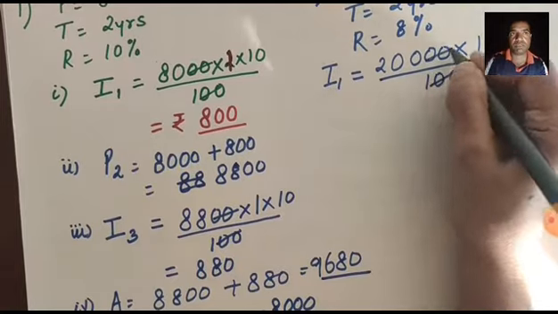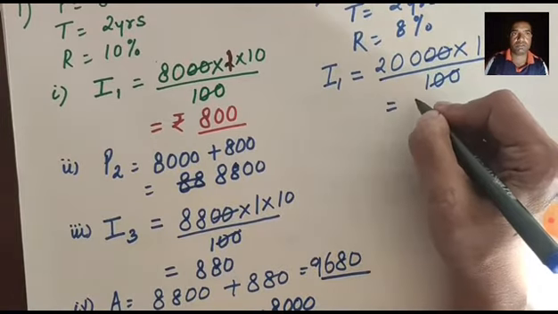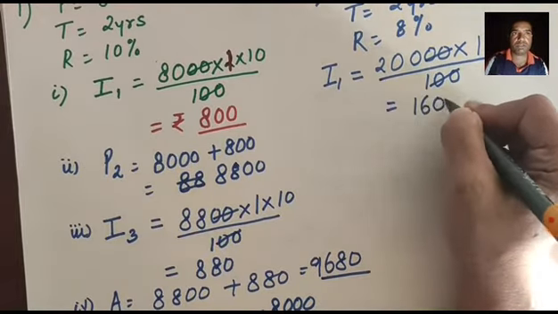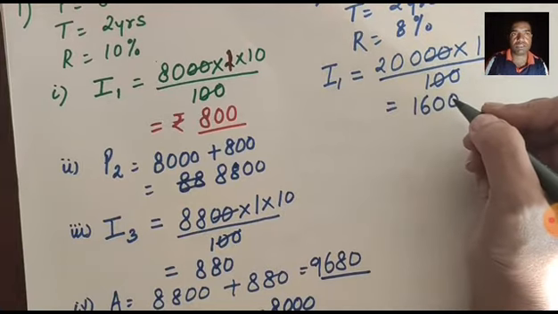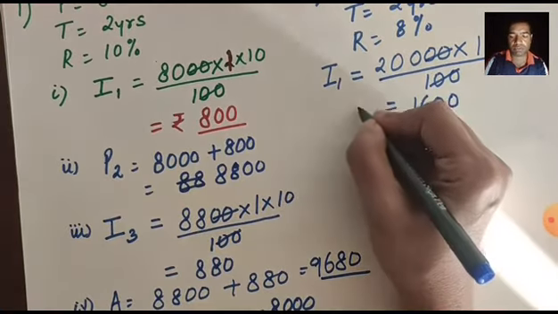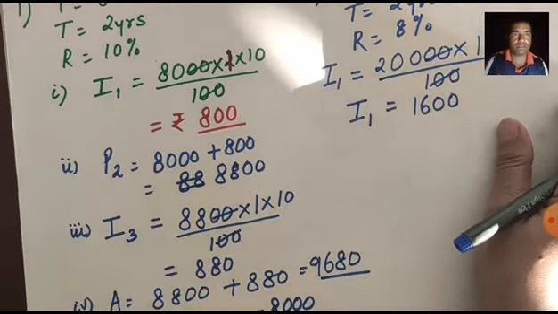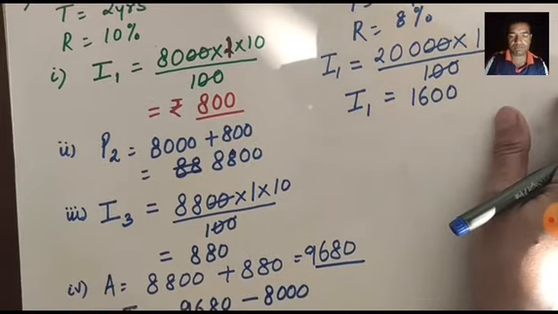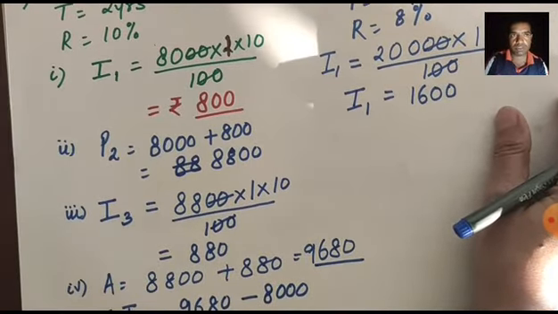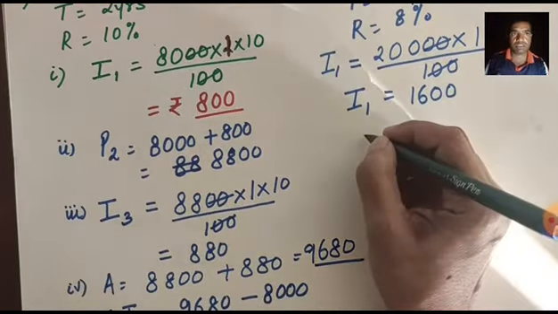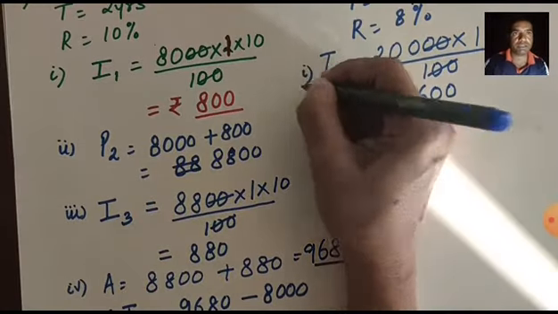So the two zeros get cancelled, so 200 into 1 into 8, so 1,600. That means the interest for the first year will be 1,600. We got the interest by the formula PRT upon 100.